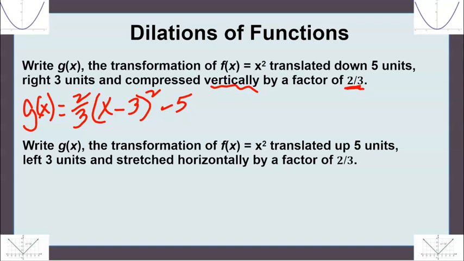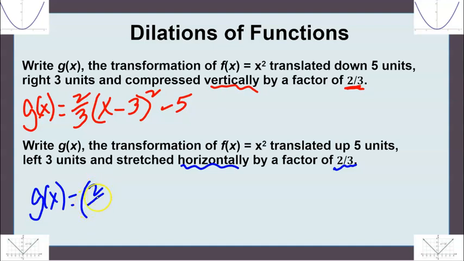In our last example, write g of x, the transformation of f of x equaling x squared, translated up 5 units, to the left 3 units, and this one's stretched horizontally by a factor of 2/3. So this is a horizontal movement. It's a stretch horizontally because my a is less than 1. So again, my function would be g of x equaling, it's horizontal, so it means it's on the inside.